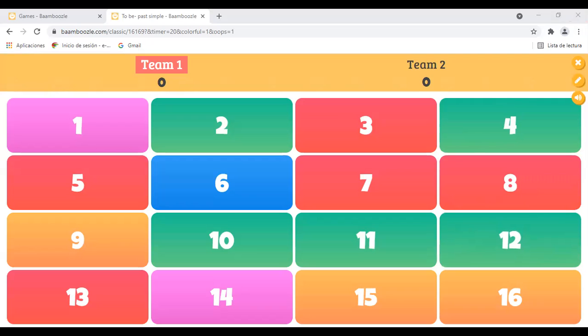Team 1 is going to be the girls, and team 2 is going to be the boys, okay? So you can choose between 1 and 16. All of these questions and all of these exercises are related to the verb to be in past.